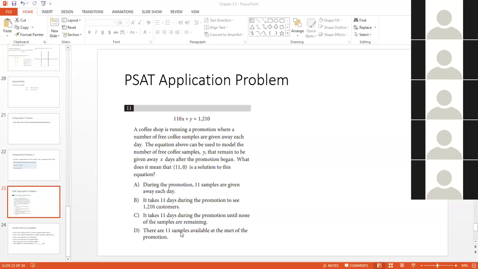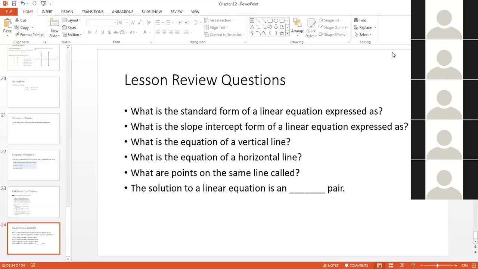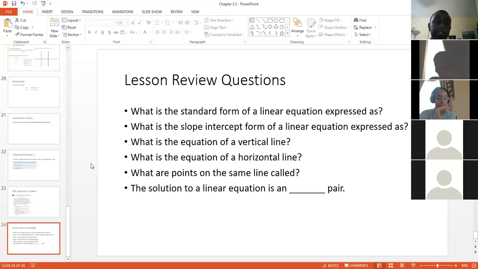Good job, everyone. Before we leave, we're going to do some lesson review questions just to make sure that everybody understands what's going on. The first question is, I'm going to ask people randomly, so make sure to be ready to unmute your mic. Aldo, what is the standard form of a linear equation expressed as?